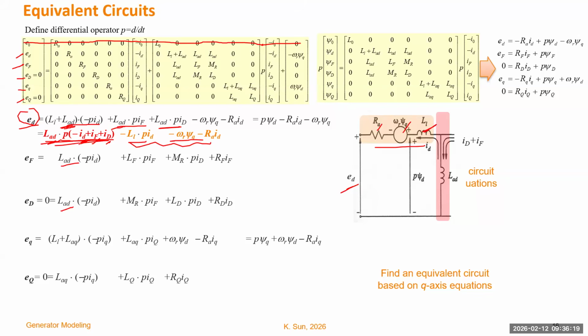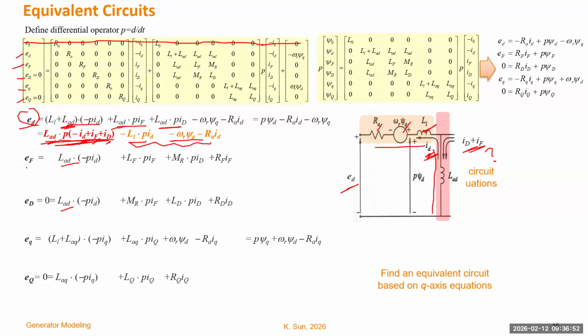So the right item is basically describing what happened on this branch. That's the same inductance branch carrying three different currents: one current going to the stator winding and two currents from the rotor, IF and ID. Okay, so that's pretty good. We already generated part of the circuit, but we haven't explained where those two currents come from. So we need to continue.